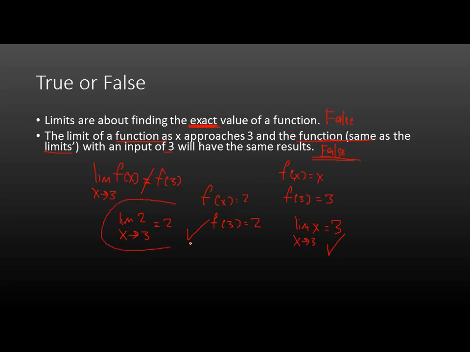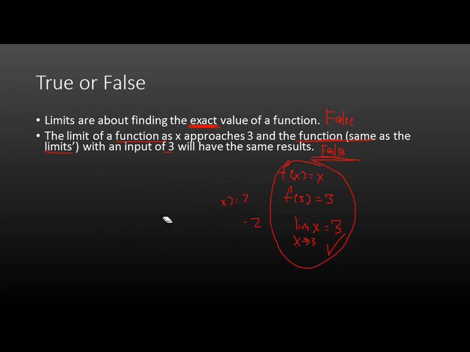It could be a constant function or a function of x, or other functions that get the same results, but in other cases, no. It's like you're asking, is the limit of a function and the function the same? The answer is no.